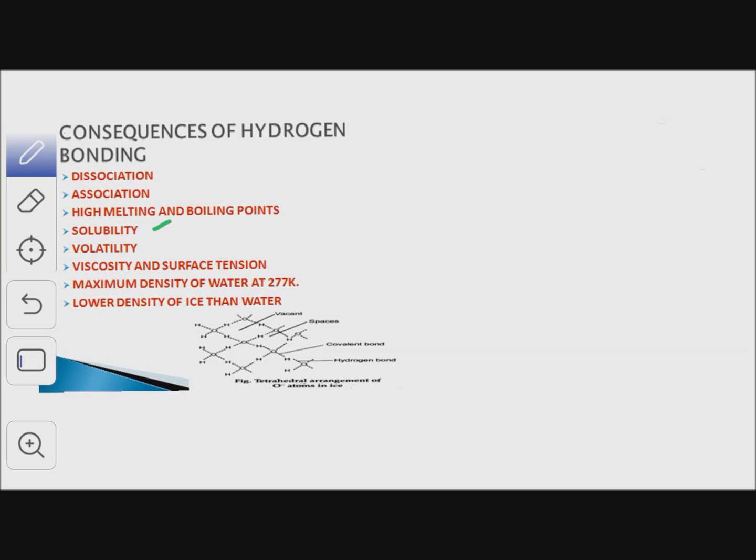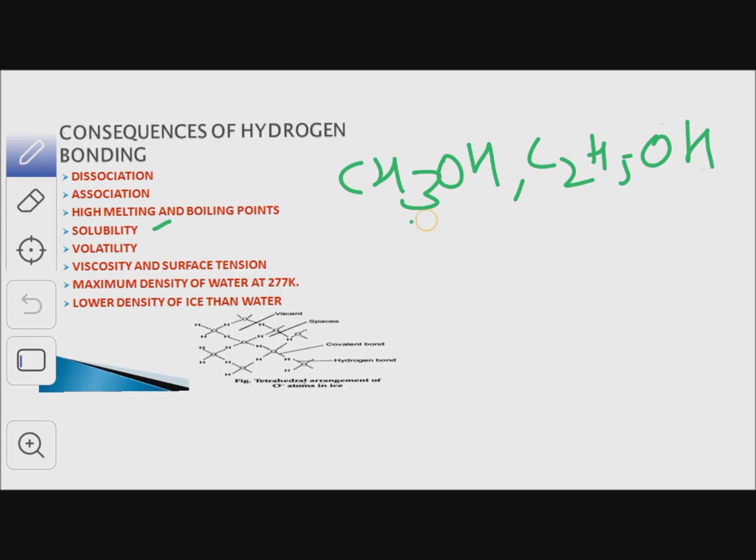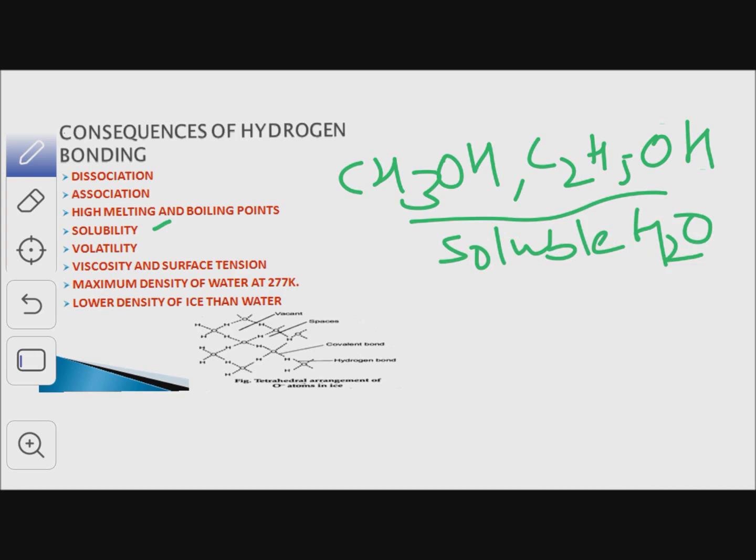For example, lower alcohols like methanol, ethanol, C2H5OH, etc. They are soluble in water. They are soluble in water because they form hydrogen bonds with water.